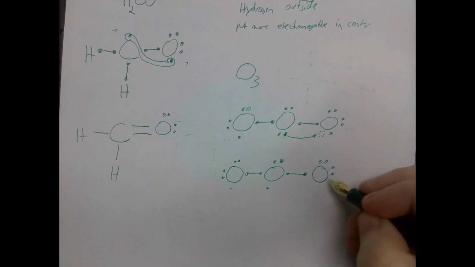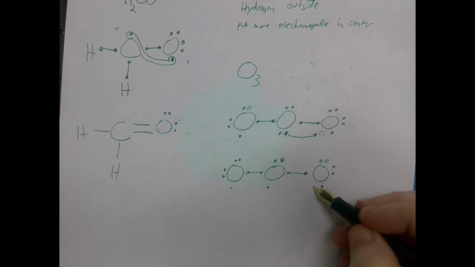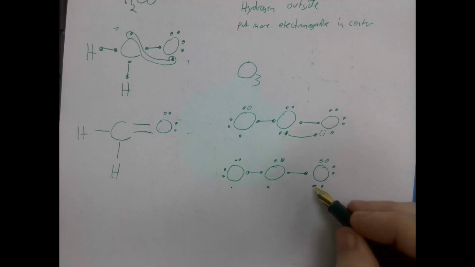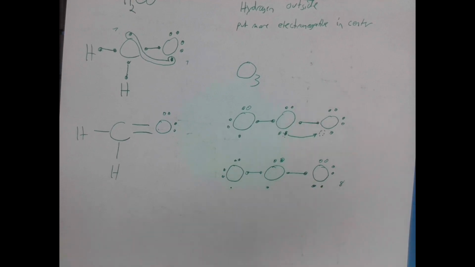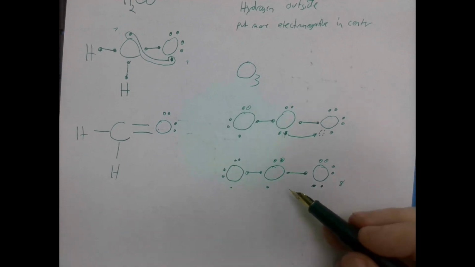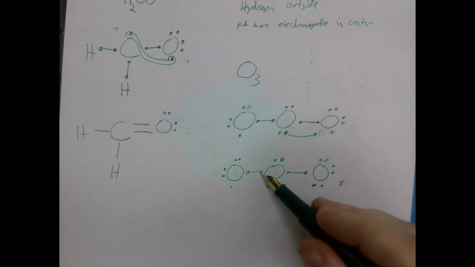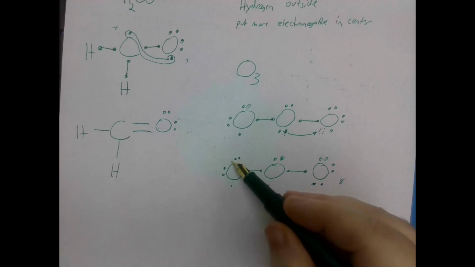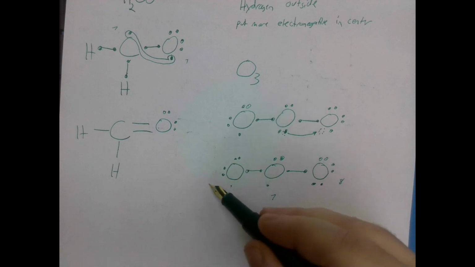You'll see why. So let's give that electron up. Now, how many does this have? It is 8. 1, 2, 3, 4, 5, 6, 7, 8. How many does this have? 1, 2, 3, 4, 5, 6, 7. How many does this have? 1, 2, 3, 4, 5, 6, 7.